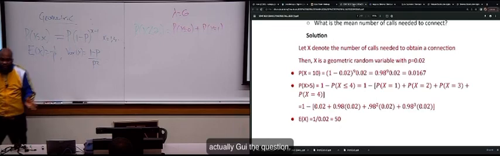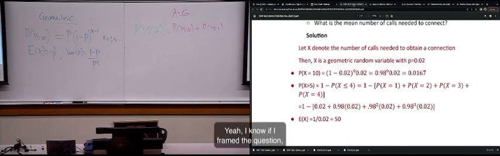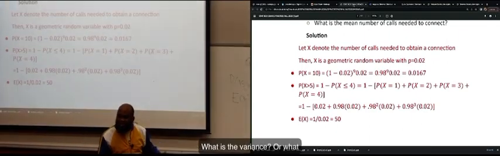Go ahead. If I frame the question, no matter how I vary the question, whatever question, I'm still going to come within. What does it mean? What is the variance?